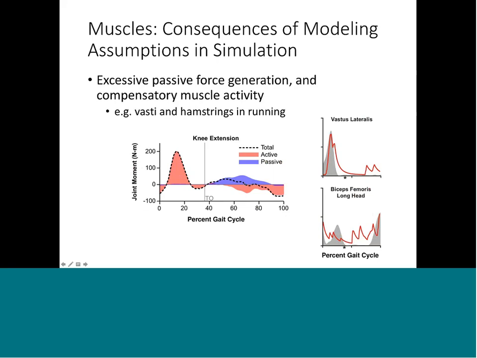At the time of peak knee flexion in mid-swing, we see a large passive moment produced in simulations, and that's produced by the largely inactive quadriceps muscles. But to match the total required joint moment, we see compensatory muscle activity in the hamstrings that we don't see in the experimental EMG in gray.